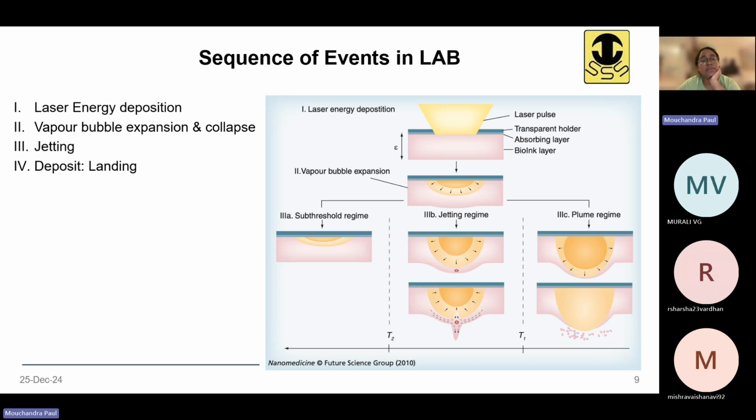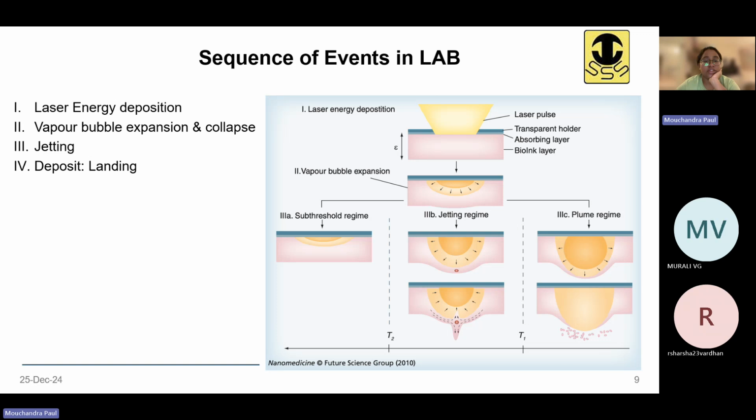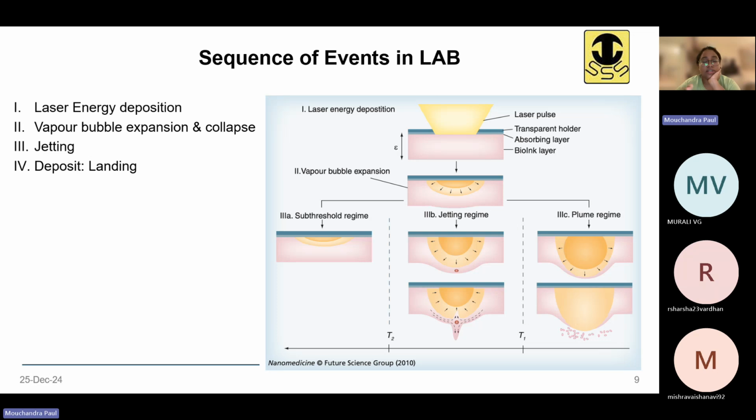That can be taken care of by changing the scanning speed. But if you keep gamma between gamma 2 and gamma 1, which are the two threshold values, then you can get a single stream of droplets. This is the most desired regime.